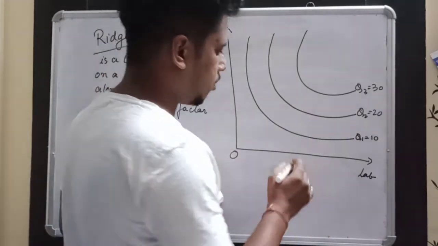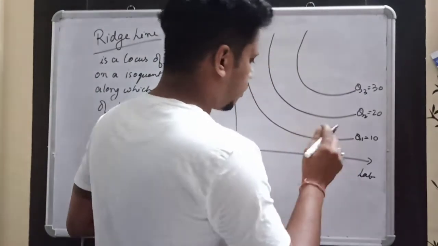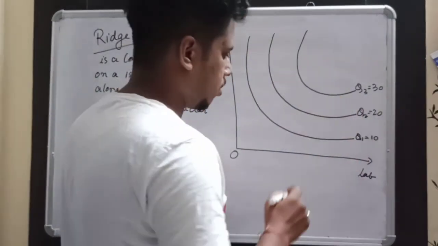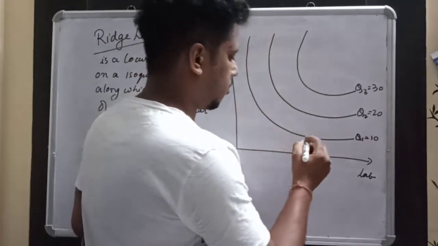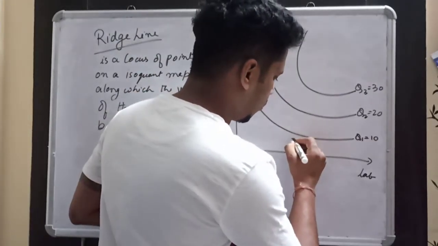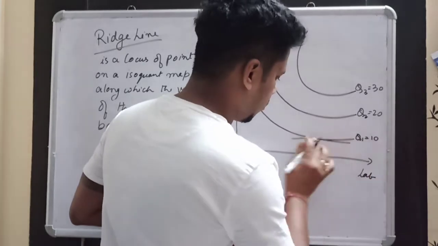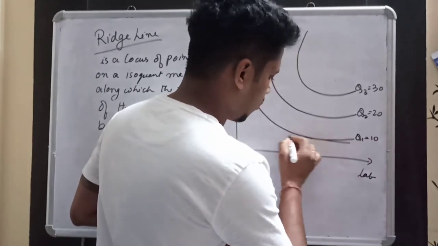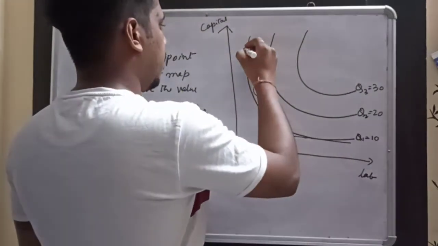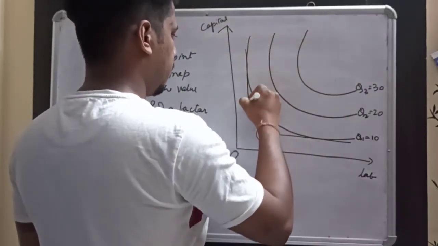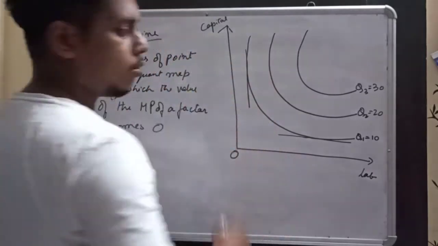Now why am I stating this? Let us take two tangents which are parallel to the x-axis and y-axis. This tangent is parallel to the x-axis, and over here we have this tangent parallel to the y-axis.